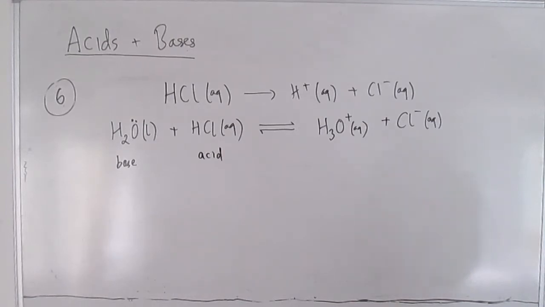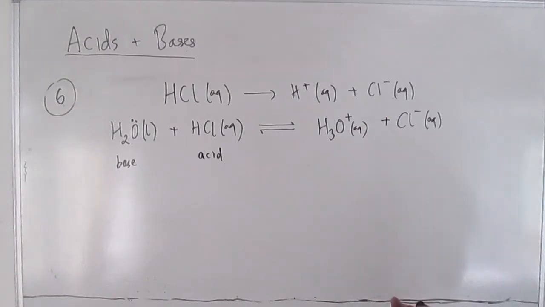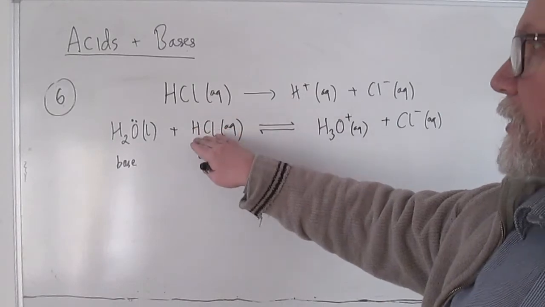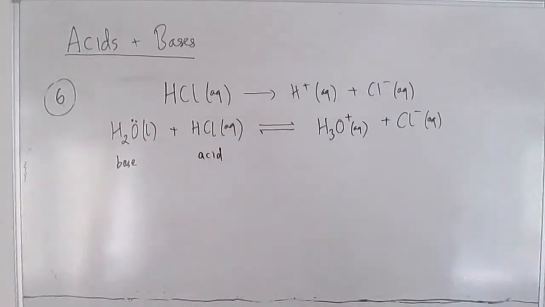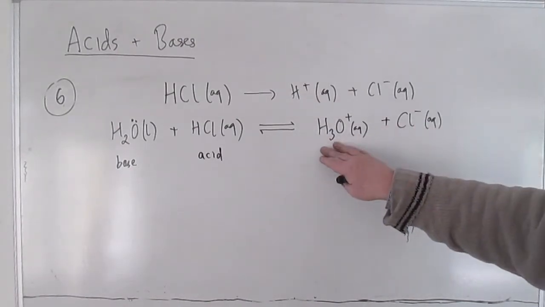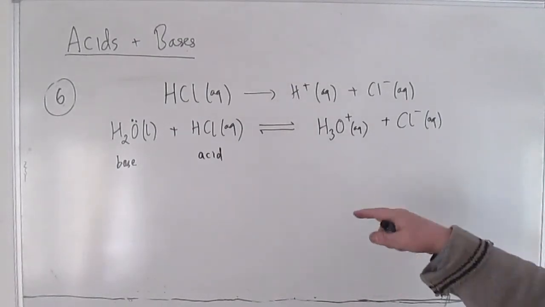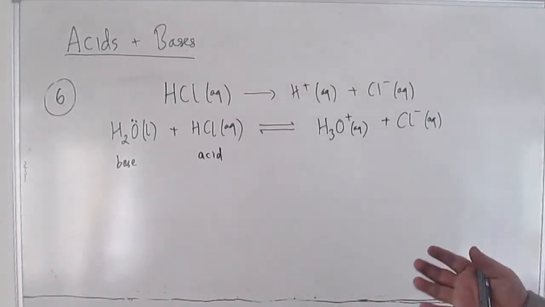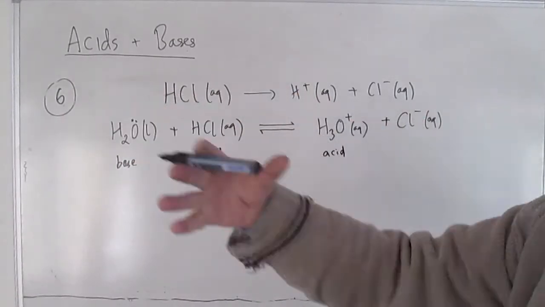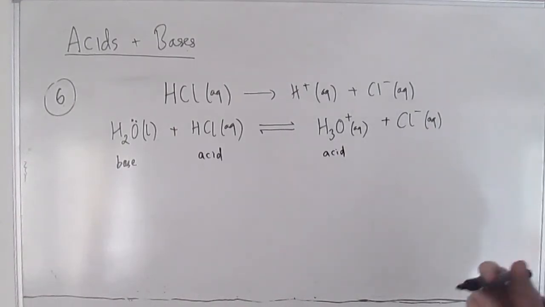And that's important because what it means is that the reverse reaction is going to be an acid-base reaction as well, because the forward reaction is transfer of a proton from HCl to H2O, and so the reverse reaction is just going to be transferring a proton the other way, from H3O plus to Cl minus. And of course that means that H3O plus is a proton donor, so it's an acid, because that's what it's doing in the backward reaction, and Cl minus in the backward reaction is accepting a proton, so it's a base.